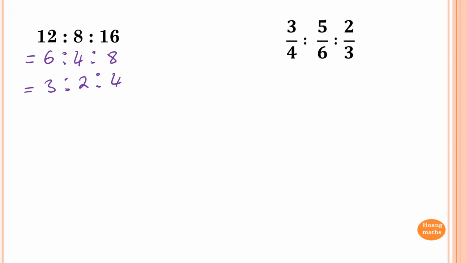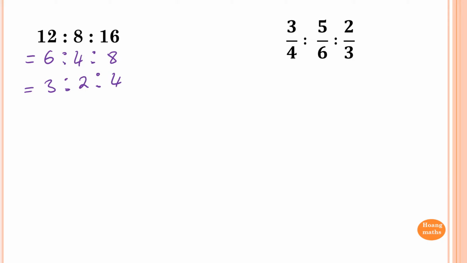Okay, let's move on to this one. Now this one here, 3/4, 5/6 and 2/3. The way to go about this is, you see 4, 6, and 3. We're looking for the lowest common multiple for those three numbers, so that we make the bottom the same, a common denominator if you like.